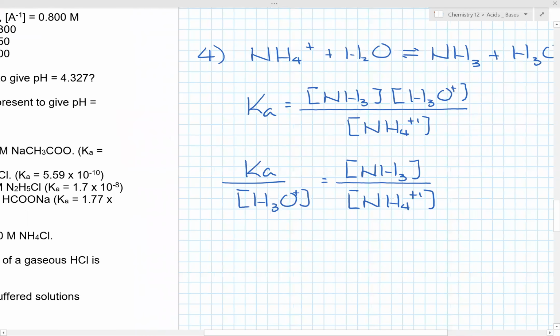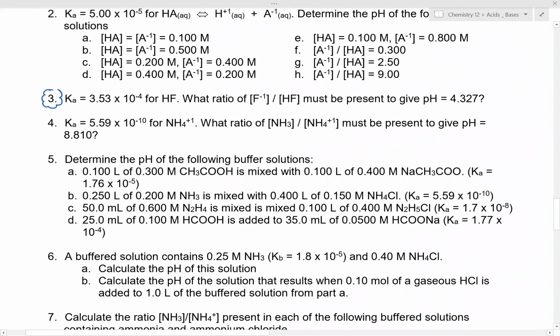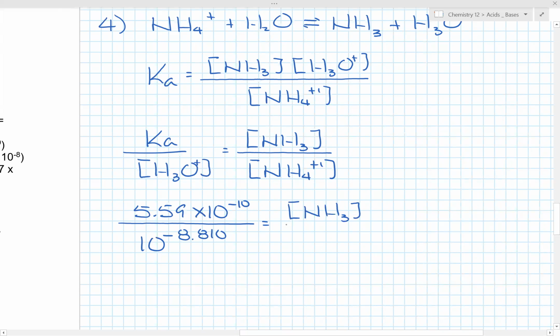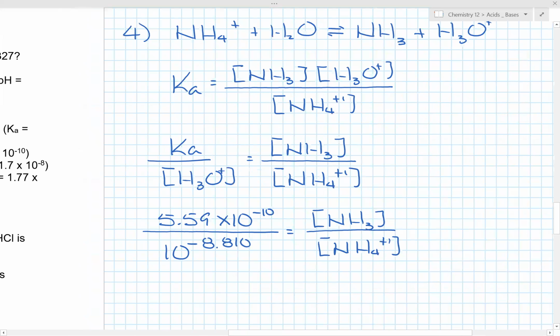You know what the Ka value is: 5.59 times 10 to the negative 10, all over 10 to the negative 8.810, which is equal to the concentration of NH3 over the concentration of NH4 plus 1. That is how you would solve question number 4.